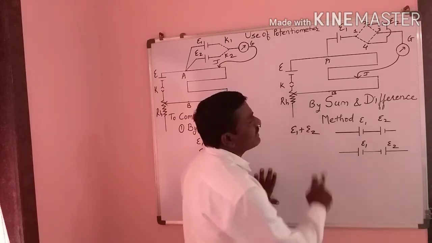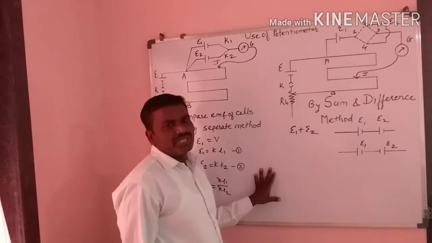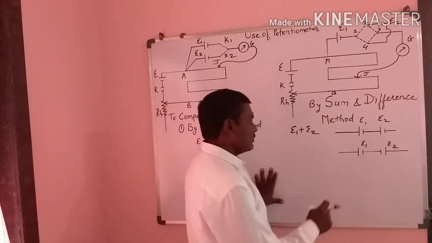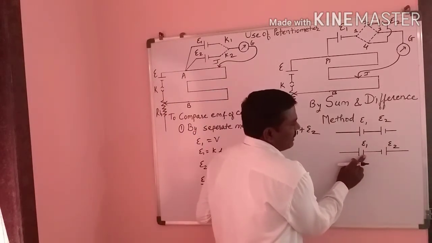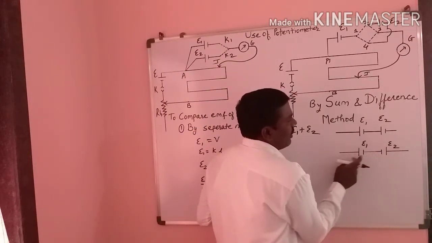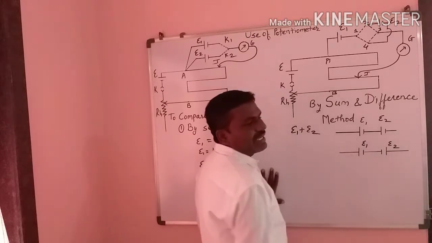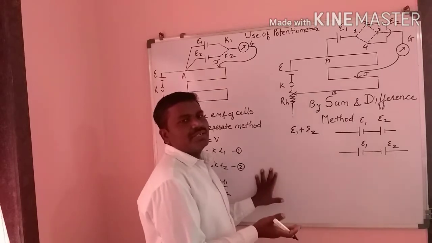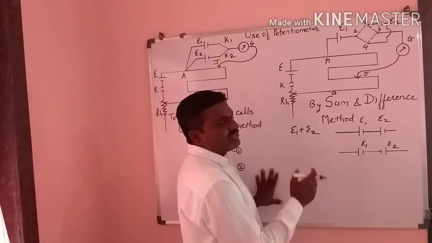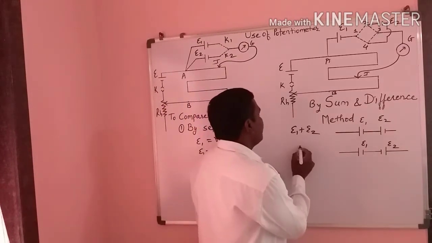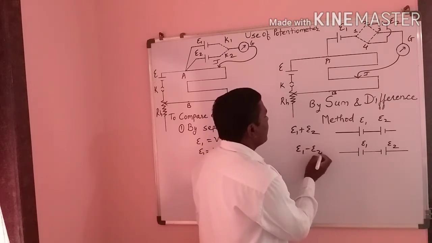But when the negative terminal of the first cell is connected to the negative of the second, or positive to positive, the cells oppose each other, and the effective EMF is E1 minus E2.